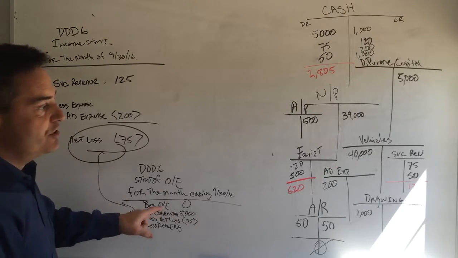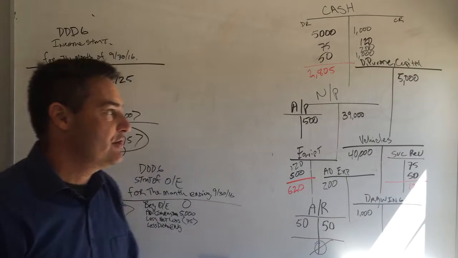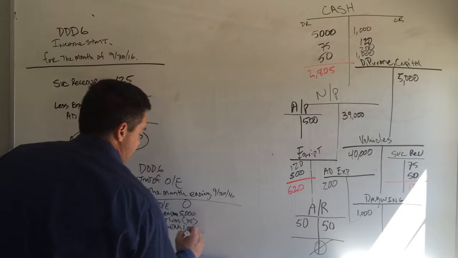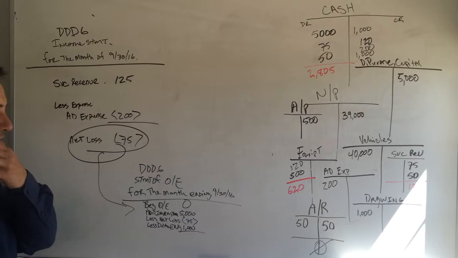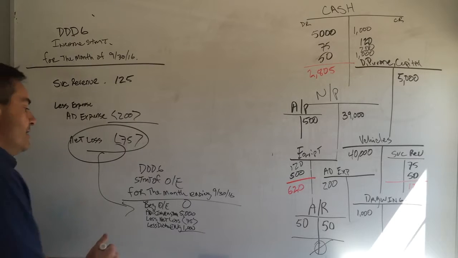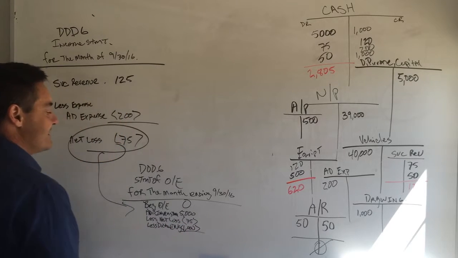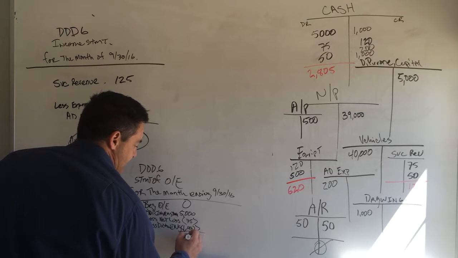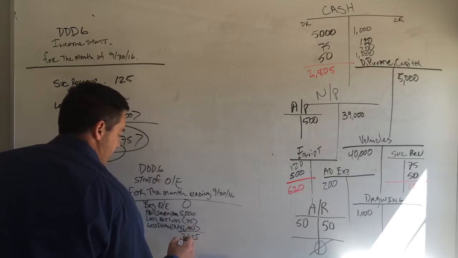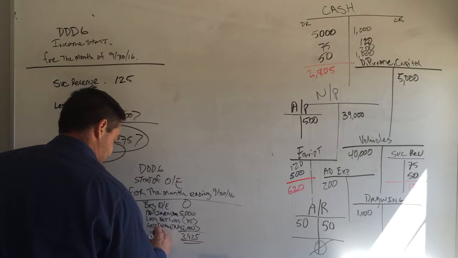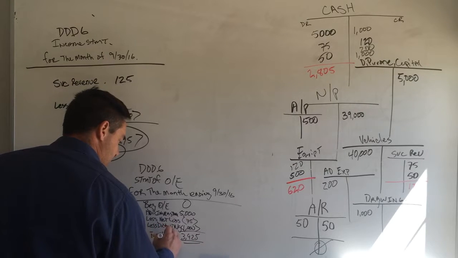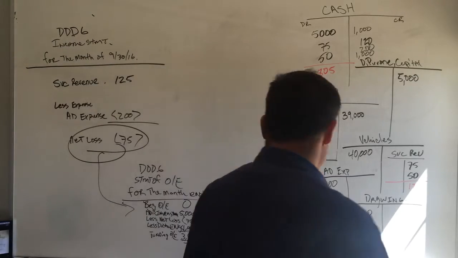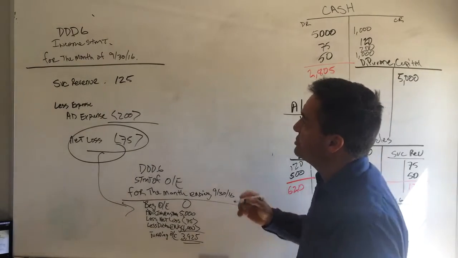Drawing goes on the owner's equity statement. So this $1,000 drawing balance goes over here onto the statement of owner's equity. And so when you take $5,000 minus $75 minus $1,000, you get $3,925 in ending owner's equity. So once we have our owner's equity statement finished, then we can go to our balance sheet.